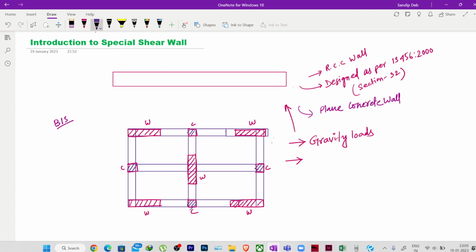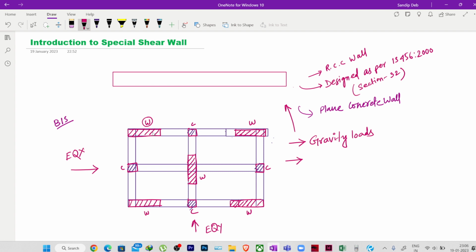Okay, suppose these are my columns. So suppose we have earthquake force EQ X from this direction and maybe EQ Y from this direction, and you are saying that when these lateral forces are coming, these walls should take the lateral force.